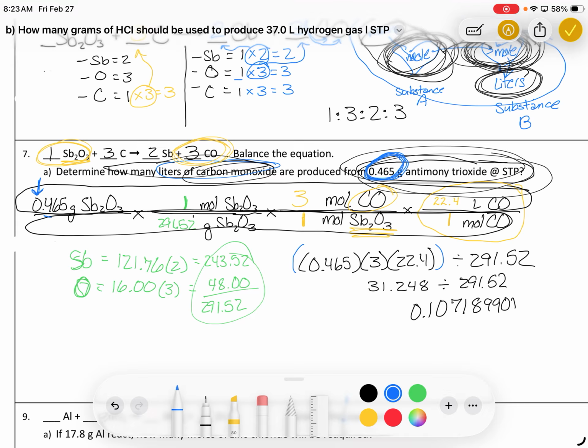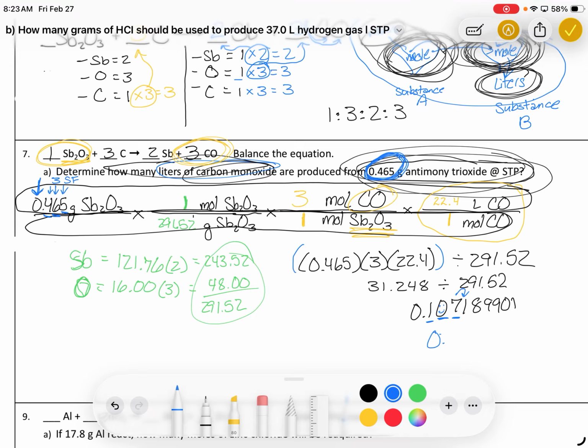So note, we have 1 sig fig, 2 sig figs, 3 sig figs. 4 is significant, 6 is significant, 5 is significant. So we have 3 sig figs. We got 3 sig figs in our given. We should have 3 sig figs in our answer. Is this 0 significant? No, but we have to keep it to make sure we understand it is a decimal. So here's 1 sig fig, 2 sig figs. That 0 is significant because it's between 2 non-zero digits. And then 3 sig figs, and we'll round at 7.